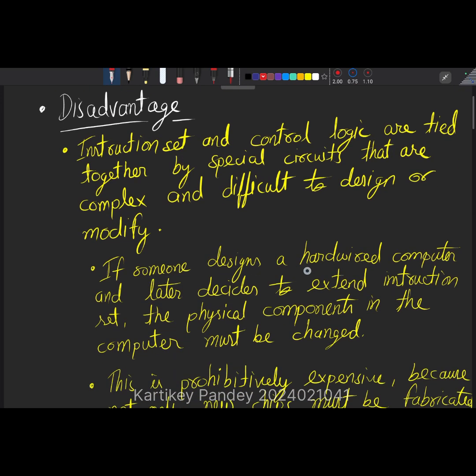If someone designs a hardwired computer and later decides to extend the instruction set, the physical components in the computer must be changed. For example, if I design a hardwired computer today and after 2 years I decide that I should extend the instruction set, then I will have to replace physical components of the computer. There's no other way to make any update to the hardwired circuit.